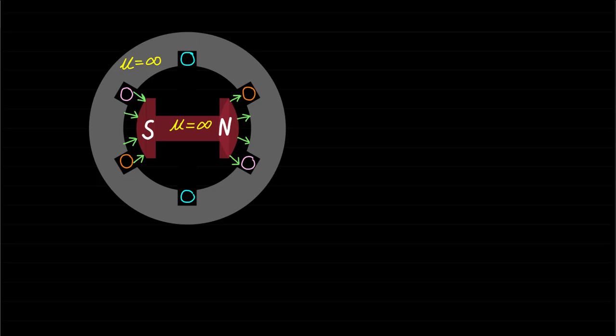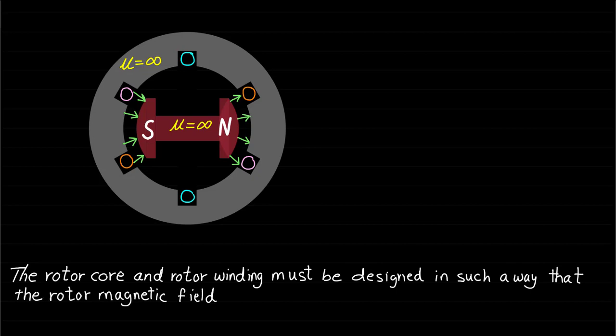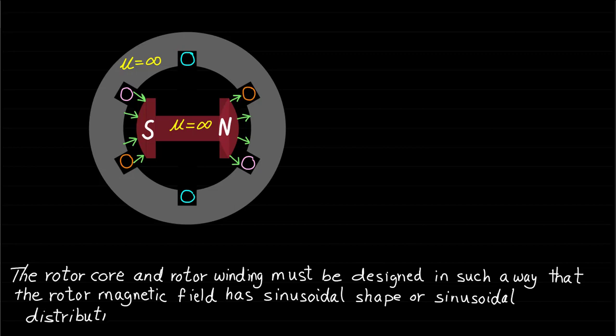Now let's pay attention to the following point. The rotor core and the rotor winding of the machine must be designed in such a way that the rotor magnetic field has a sinusoidal shape, or sinusoidal distribution, in the air gap. Let's explain this point.